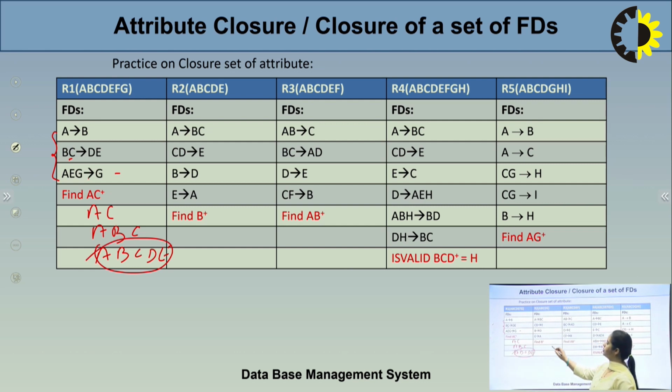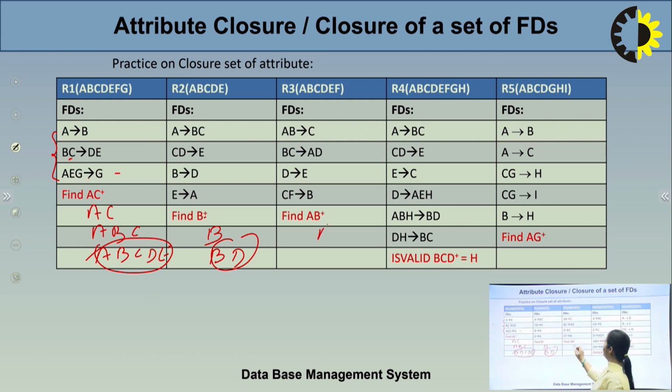Now on the next question, the closure set of B. B I already have. With the help of B, I can find the value of D. So B and D. Could I get further information? No, further information could not be gotten with the help of B. So this is the closure set of B. Next, I have to find the closure set of AB.